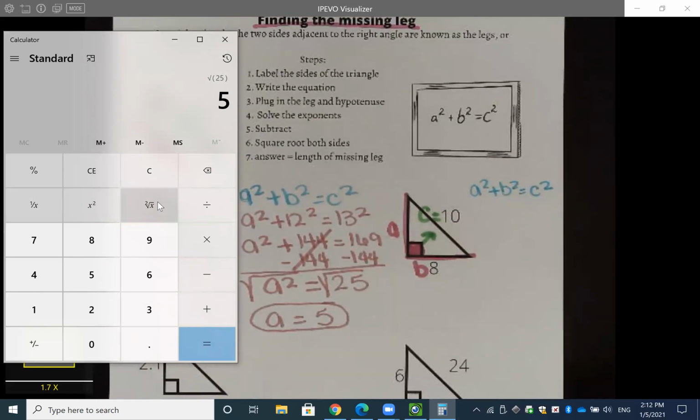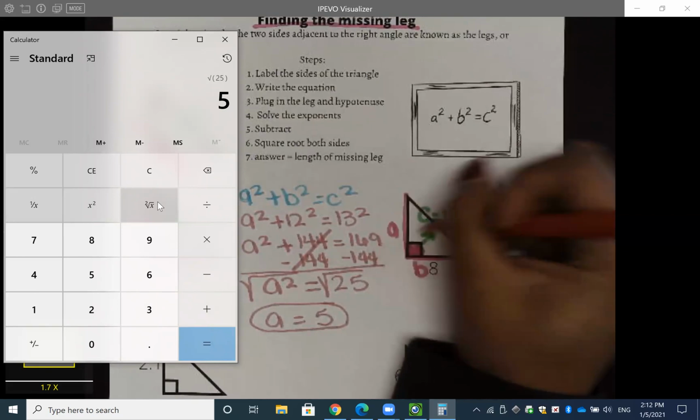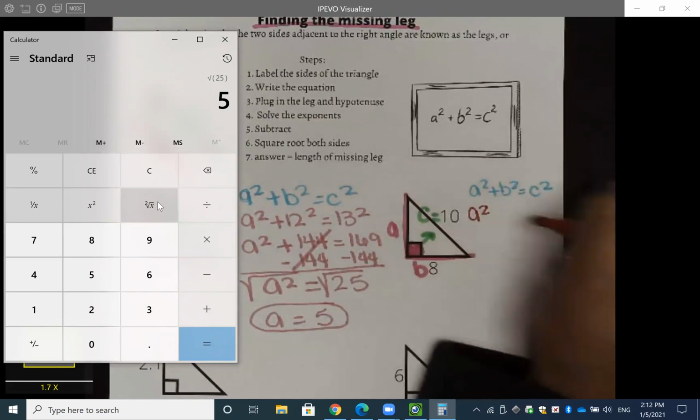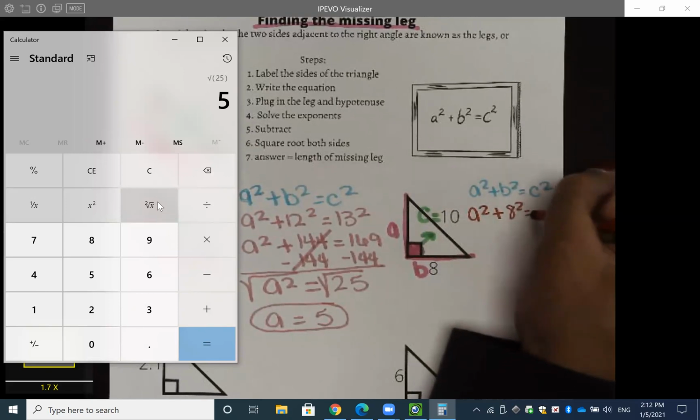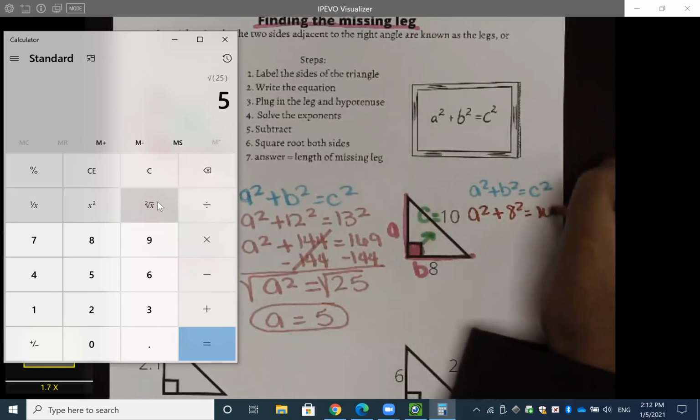I am going to plug in the leg and the hypotenuse that we know. We don't know our a, so it's a squared plus our b is 8, so 8 squared, equals c is 10, so 10 squared.